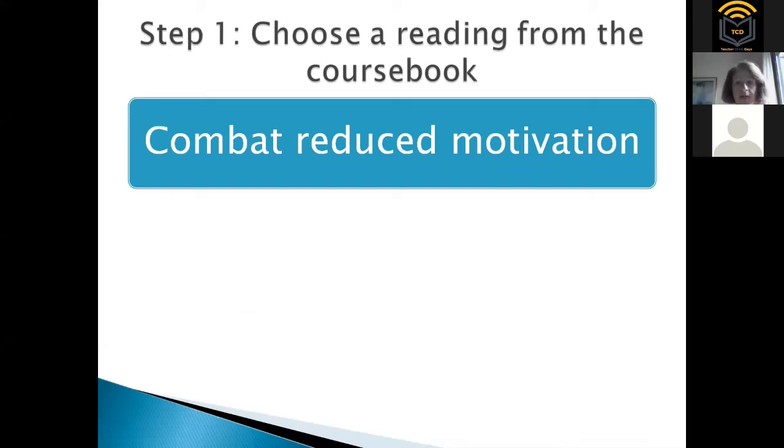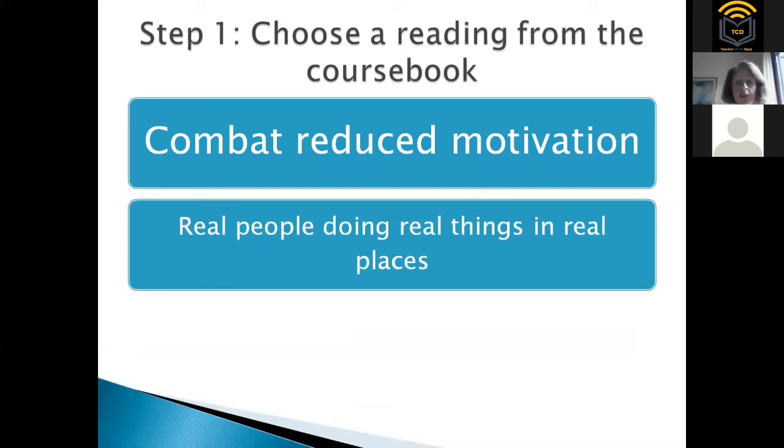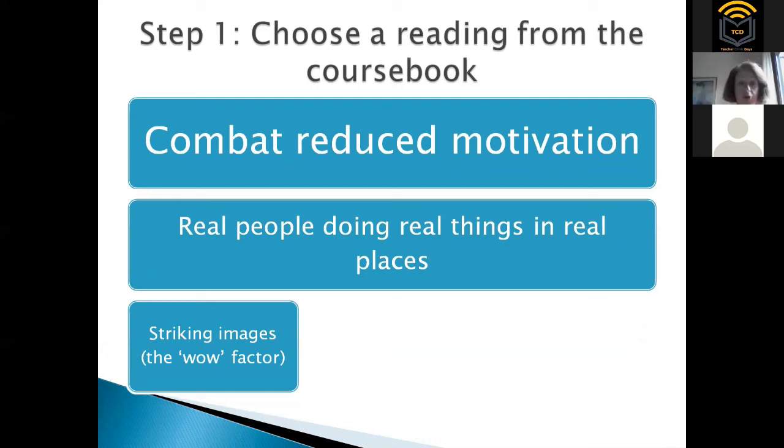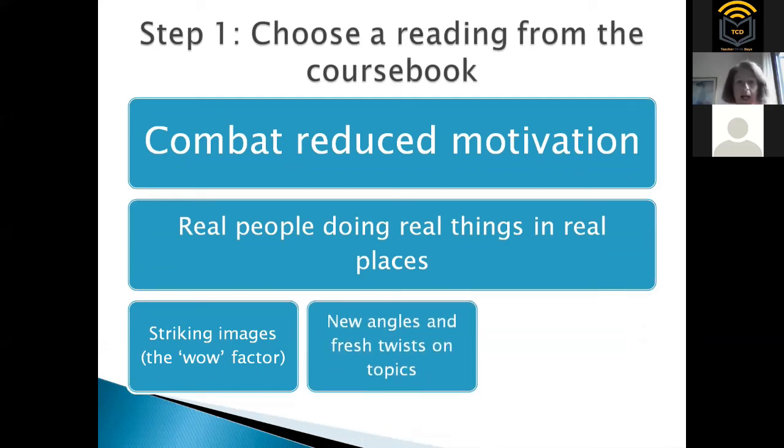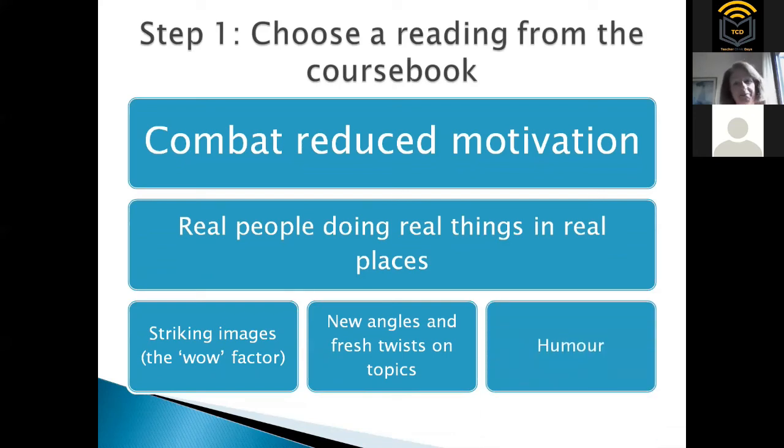You don't want that. So what you can do is choose readings that talk about real people doing real things in real places, with striking images, the wow factor, new angles and fresh twists on topics, and humor.